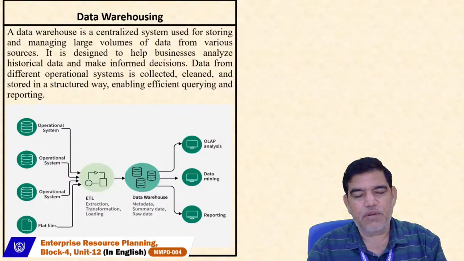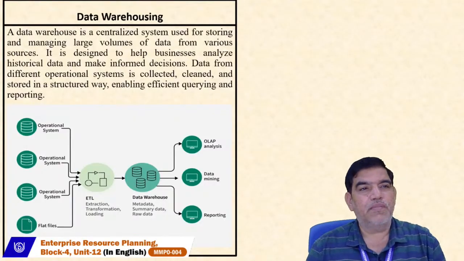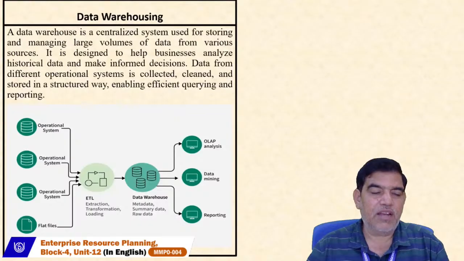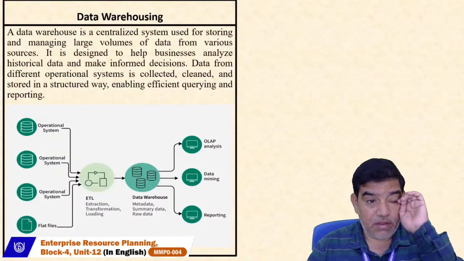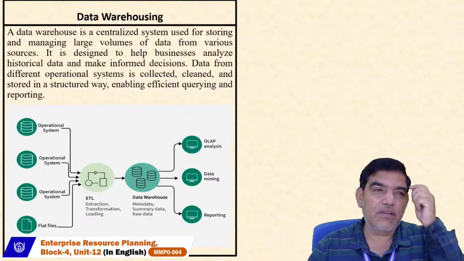I'm explaining an example. Let us consider there is a store, Khadim, and the Khadim store basically sells footwear and other products. There are a number of Khadim stores all over India.